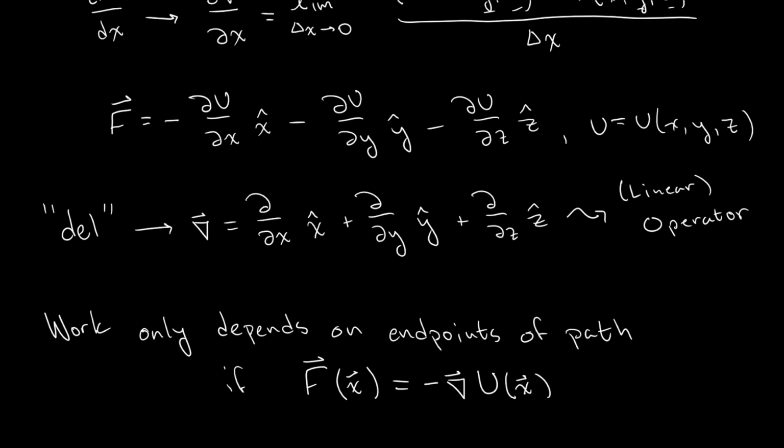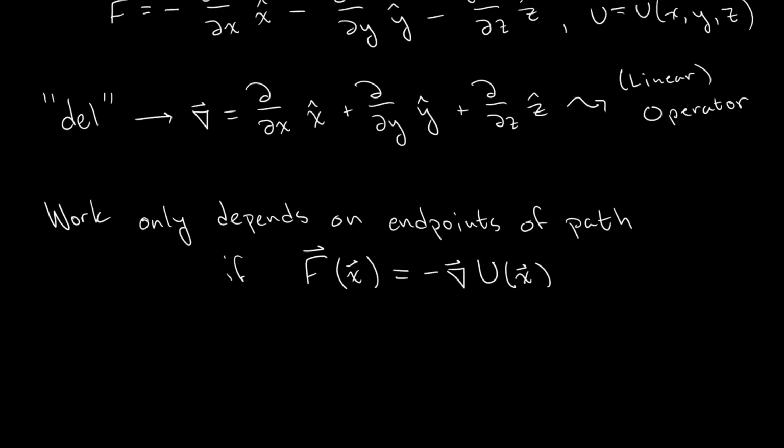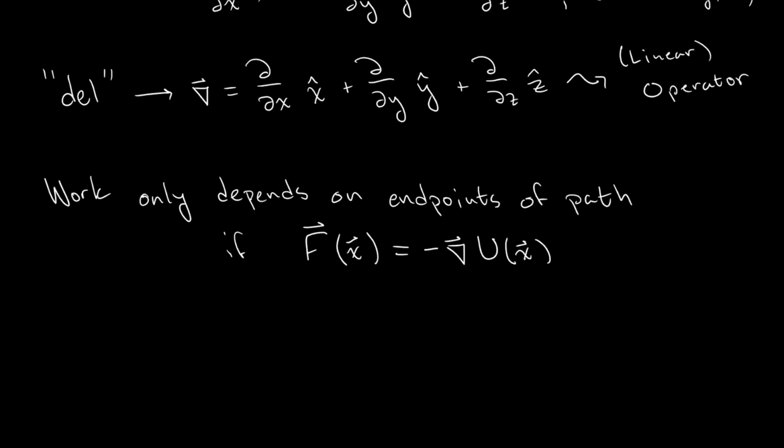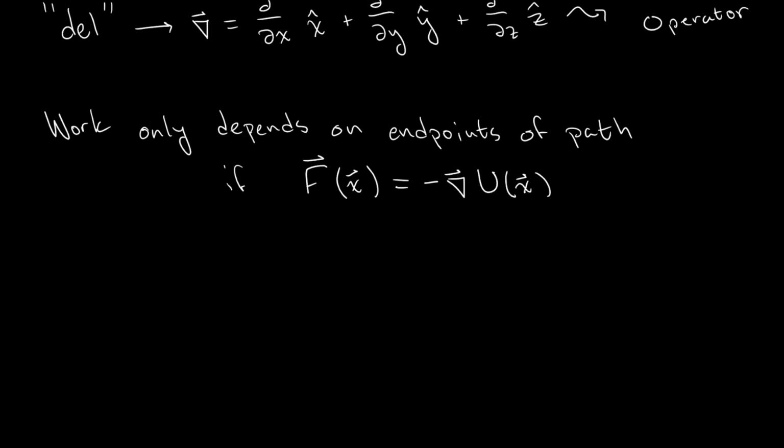The minus sign is sort of a convention, and we'll see why this comes in handy very soon. Okay, so hopefully this is all making sense. Again, feel free to just drop any questions you might have in the chat, and I should get to them.